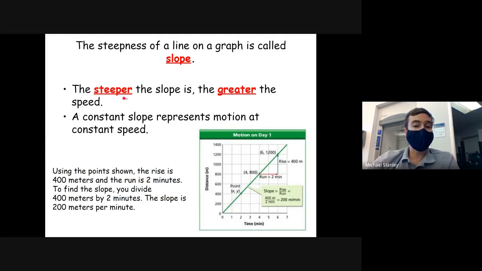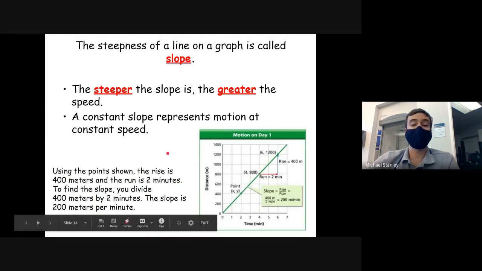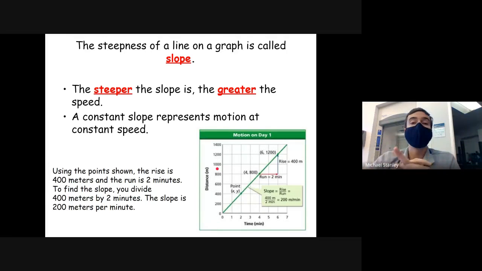So again, the steeper the slope, the greater the speed, because it means that you're traveling a further distance, right? Your line is going up faster, so your distance is going up faster. If your distance is going up slower, you're traveling distance over a longer period of time. That means that your speed is going to be lower.